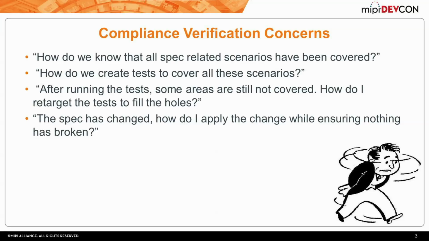Another concern is how do we create all those scenarios to make sure that we have 100% coverage of the specification. And after running all the tests that we already created, we want to make sure that we covered everything, and if something is missing, going back, recreating more tests and filling to 100% coverage.